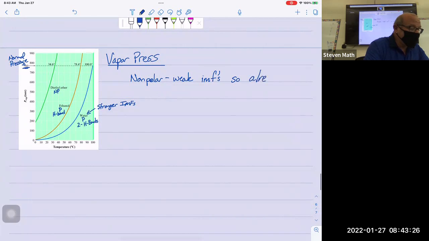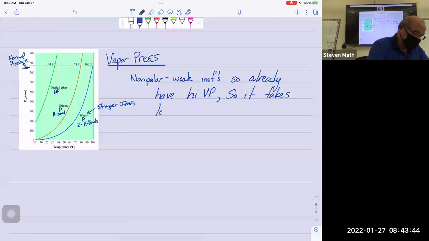So they already have a head start on vaporizing. They already have a high vapor pressure. So it takes low temperature to reach atmospheric pressure and boil.